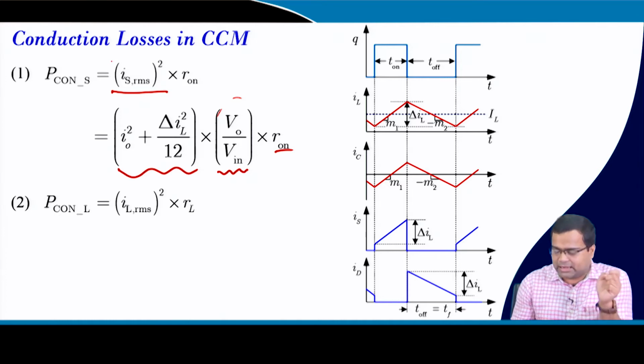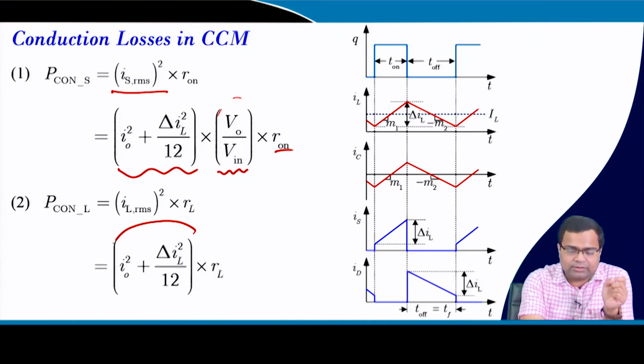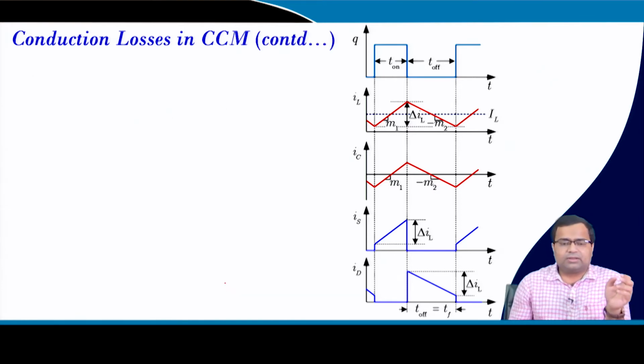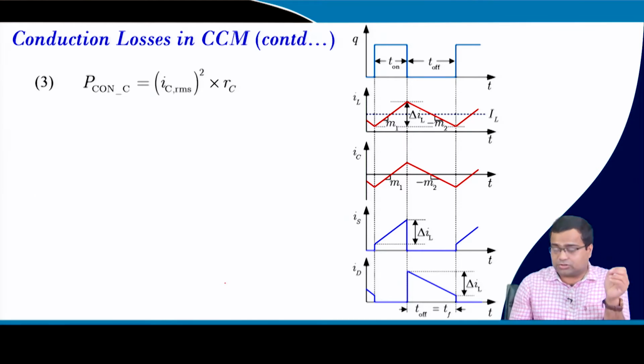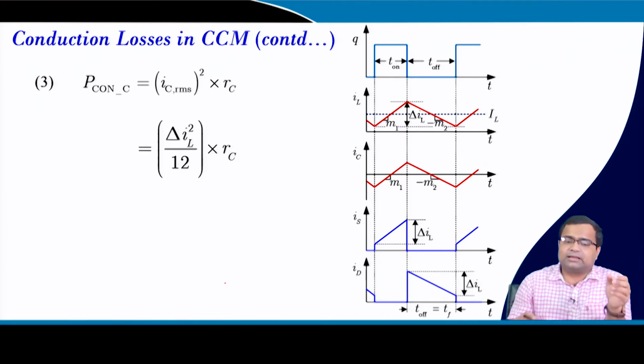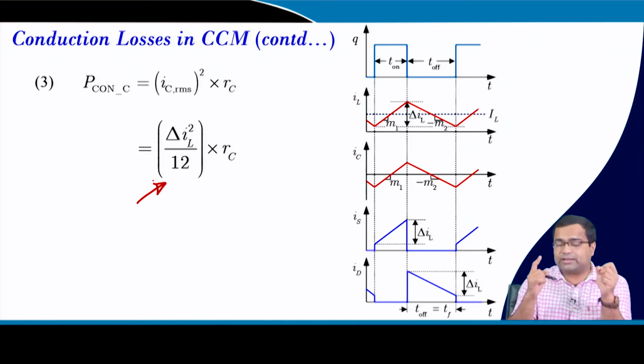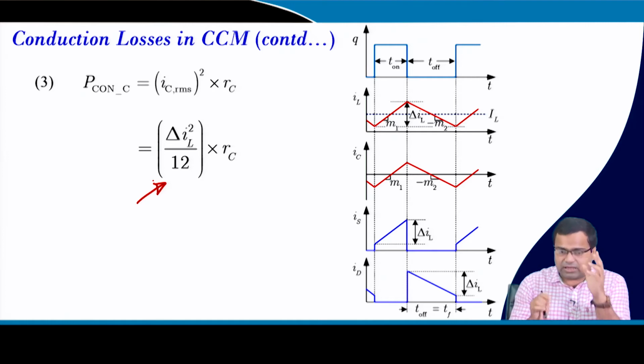If you take the inductor RMS current square, this expression is here, into RL, which is the DCR. Then if you take the conduction loss of the capacitor ESR, the capacitor average current is 0, so it only has a ripple current, and its RMS value will be simply delta I_L square by 12, and that into RC will be the conduction loss due to the ESR.